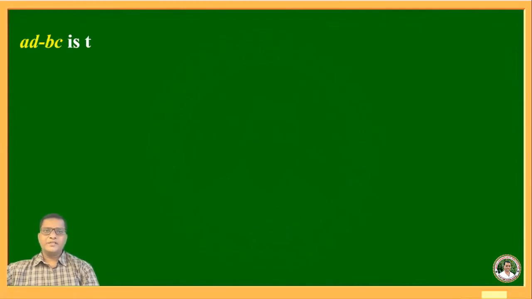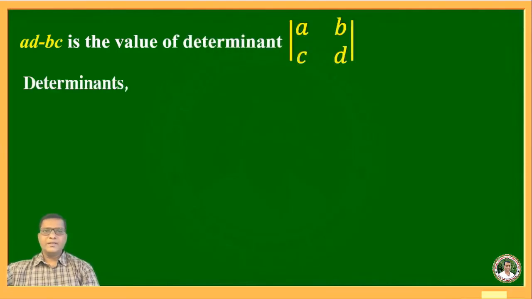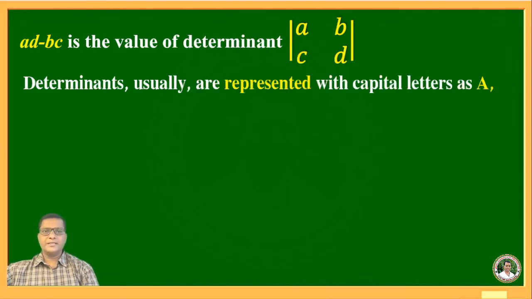Therefore ad minus bc is the value of the determinant. Determinants are usually represented with capital letters as A, B, C, D, etc.